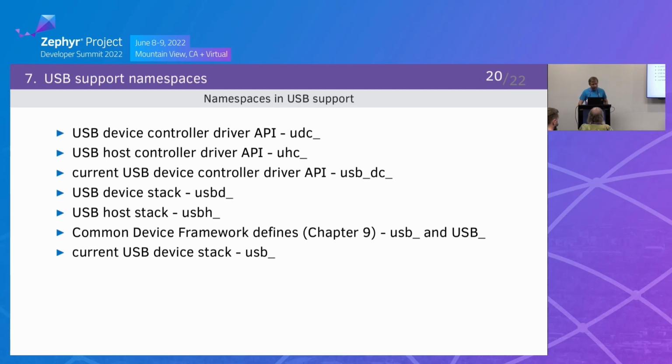There are some conflicts with USB in general because the current stack uses USB prefixes for everything, but it implements only the device part. It's already moved to its own directory, but we still have a kind of conflict because USB prefixes should be used only for the common part of the device framework, for chapter 9 of the USB specification.